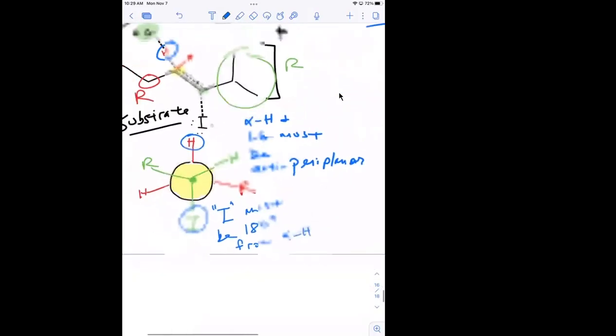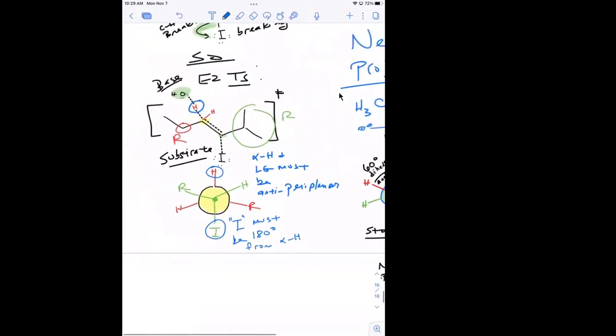And that's one of your alpha hydrogens. This is required. Again, E2 cannot happen unless your alpha hydrogen and your leaving group are anti to one another. And that's what that means. Anti-periplanar. Opposite sides of the same plane. Right? Any questions about anything?